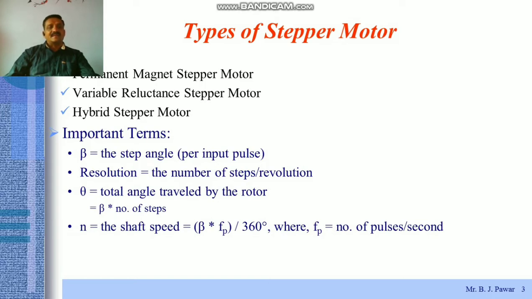And the last one is n, which equals the shaft speed, at what speed the shaft is moving. Again, that is dependent on beta and fp, where fp is nothing but the number of pulses per second. So we can write the shaft speed n equals beta into fp by 360 degree.